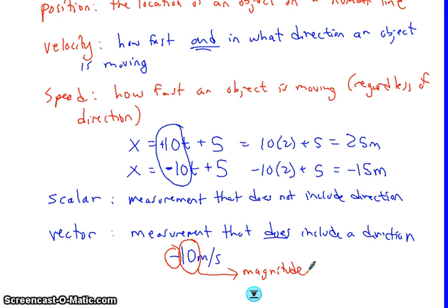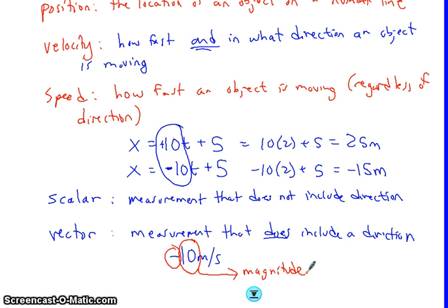In physics, if something has a velocity of negative 10 meters per second, the negative part is the direction, whereas the 10, the absolute value, is what we call the magnitude. How big is the velocity? It doesn't matter the direction, how big is it? That's called the magnitude. So literally, by the way, speed is simply the magnitude of velocity.